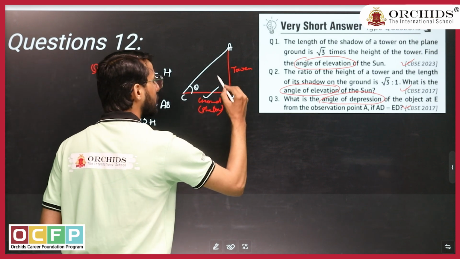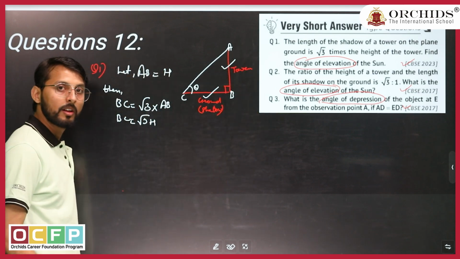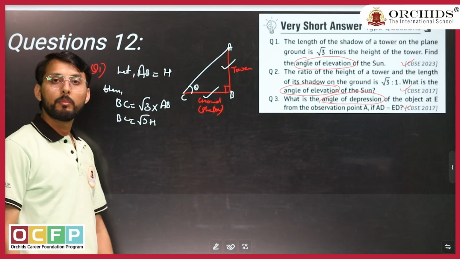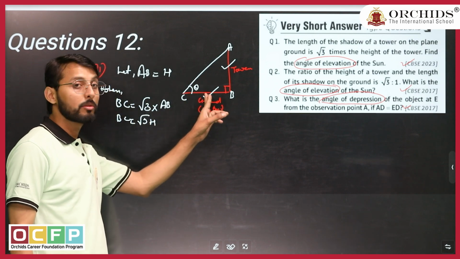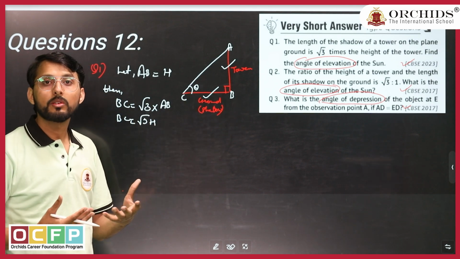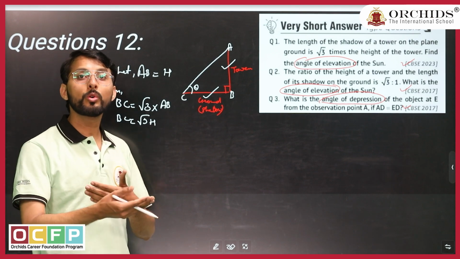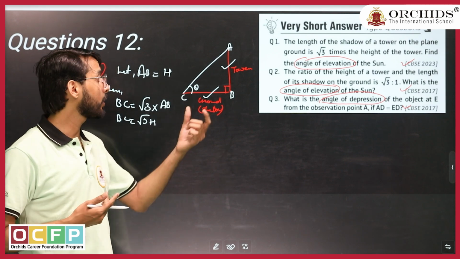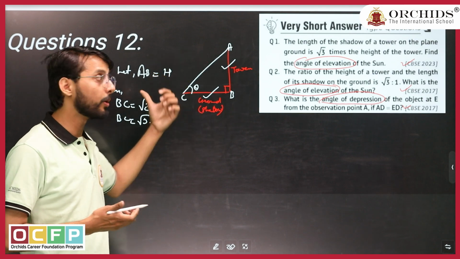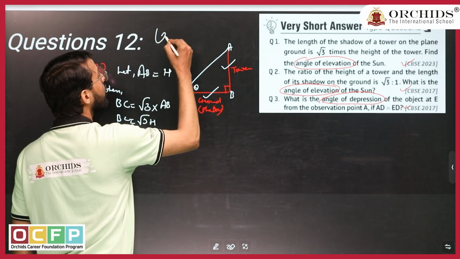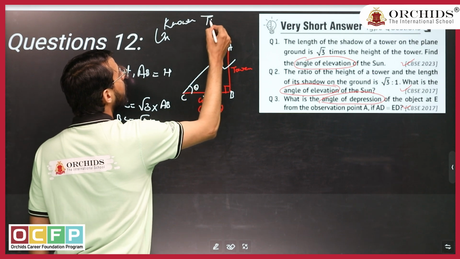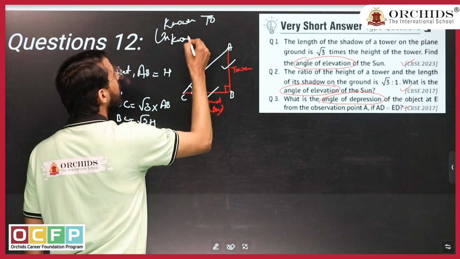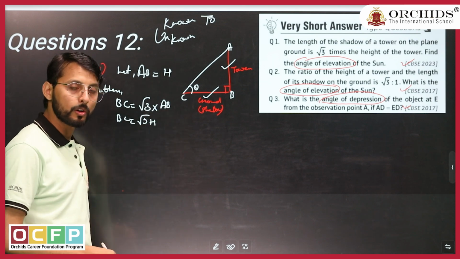Now I know the BC value, I know the AB value, and I have to find the missing angle. So the first concept in our mind: if the angle is missing, which two sides are known to us? So we will go known to unknown. This is the very important part of this, known to unknown. Remember this word, known to unknown, or vice versa, unknown to known also we can go.